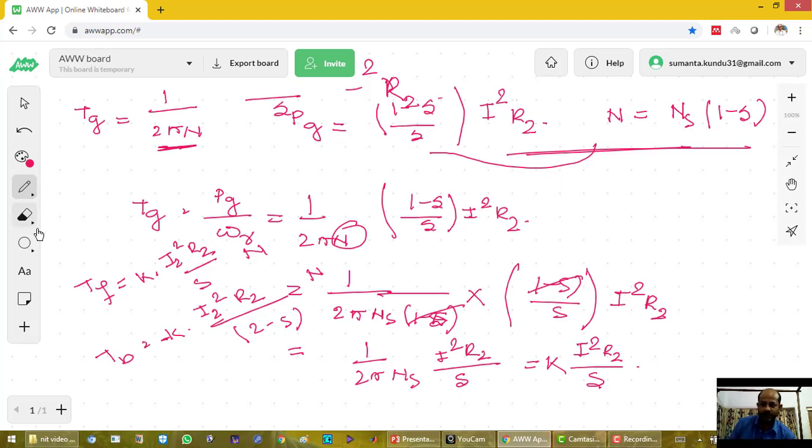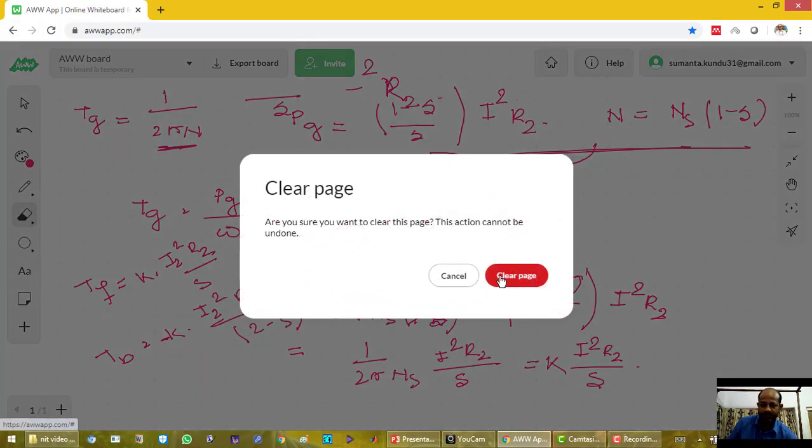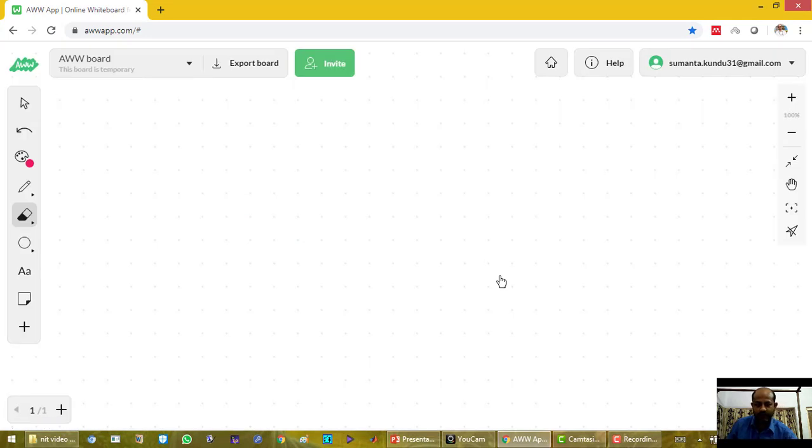So now if we convert this into synchronous watt, what is my synchronous watt?